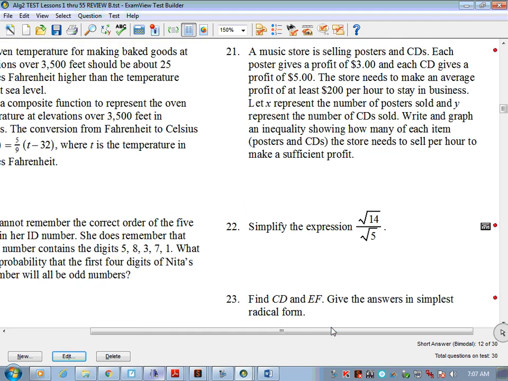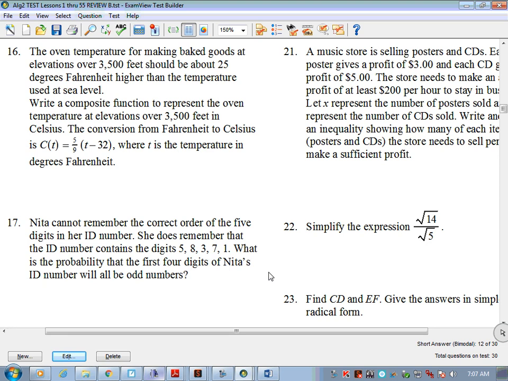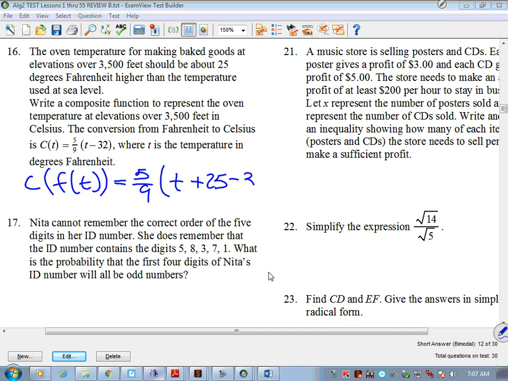All right, we've seen this question in our work before. This is really just a matter of where we're going to plug in the 25 degrees that they give me. So without overcomplicating this, we're going to get C to the F to the T equals, we're going to get that 5/9, and we're going to get T, let's see, plus 25 minus 32.